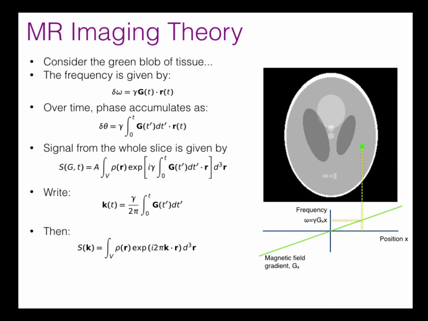The signal of k is equal to this formula here, which is basically a three-dimensional Fourier transform, or a two-dimensional Fourier transform if you're doing 2D imaging, which we know how to invert, so we can get back the actual amount of signal from each location in space. So the signal is a Fourier transform of the object, and this is the signal we collect in k-space, and the object is the inverse Fourier transform of the signal.